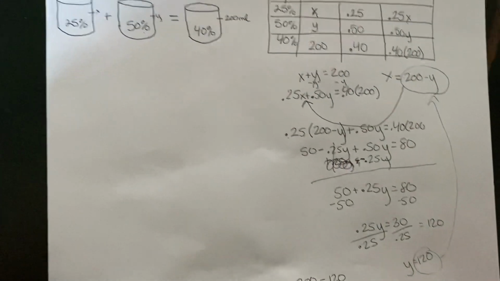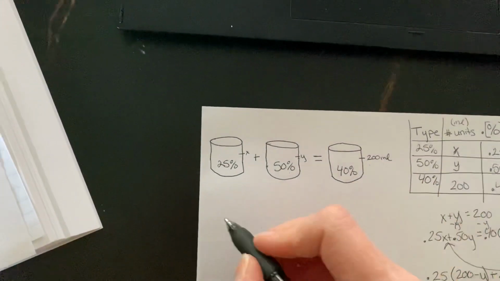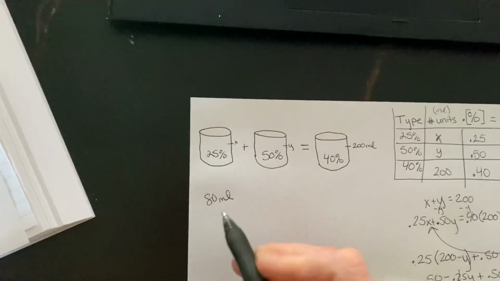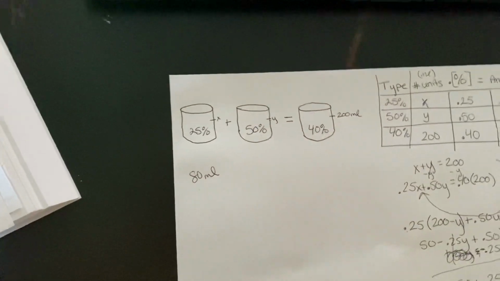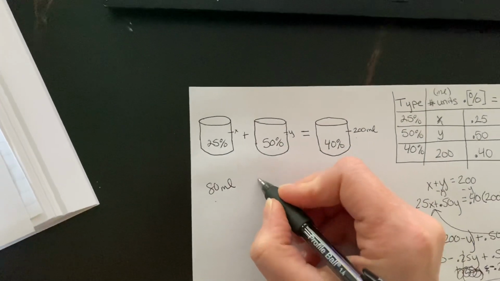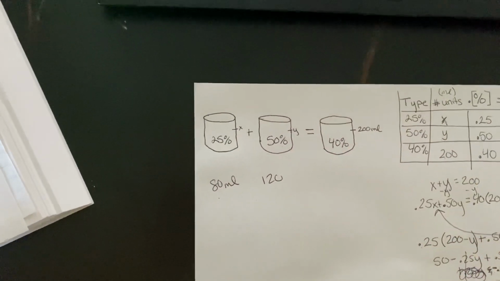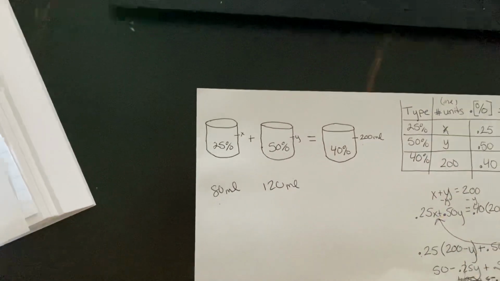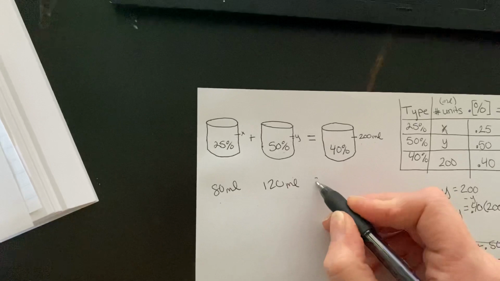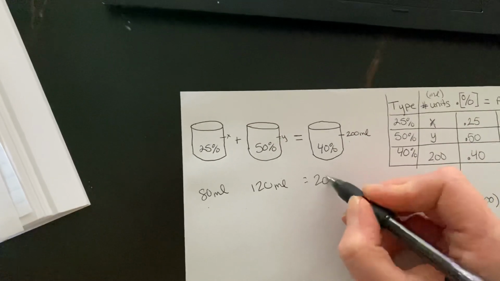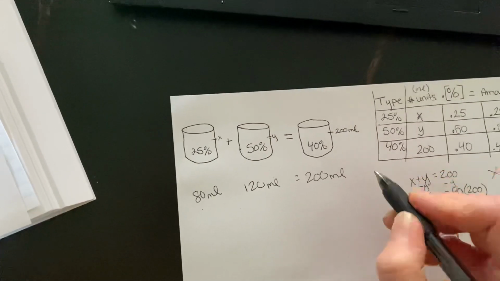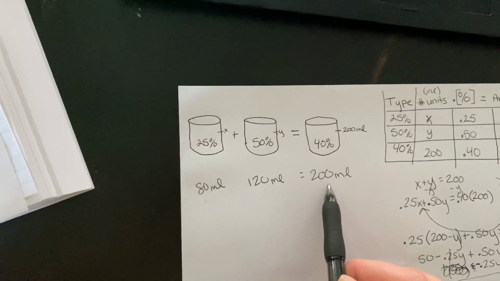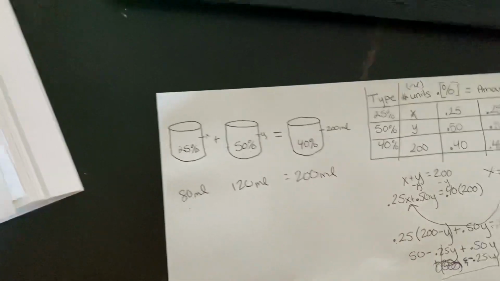So now we know we're going to have 80 milliliters of the 25% solution and 120 milliliters of the 50% solution. And that is going to give us 200 milliliters of the 40% solution. So 80 plus 120 equals 200. So our work checks out there.